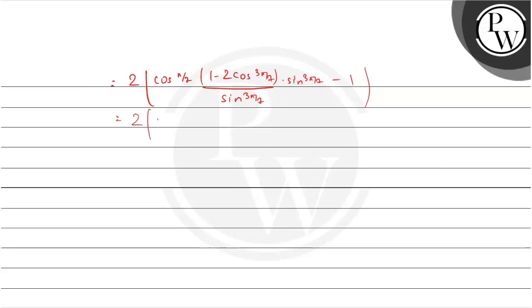Simplifying this, we obtain cos of pi upon 7 times sine of 3 pi by 7 minus 2 times cos of 3 pi by 7 times sine of 3 pi by 7, which would be sine of 6 pi by 7, upon sine of 3 pi upon 7, minus 1.